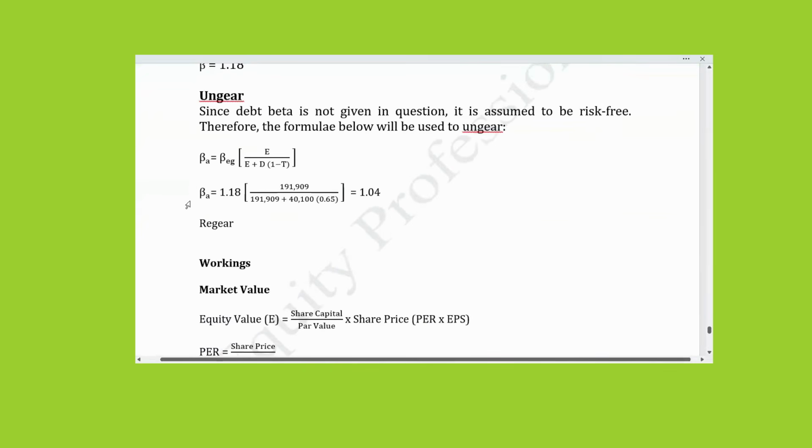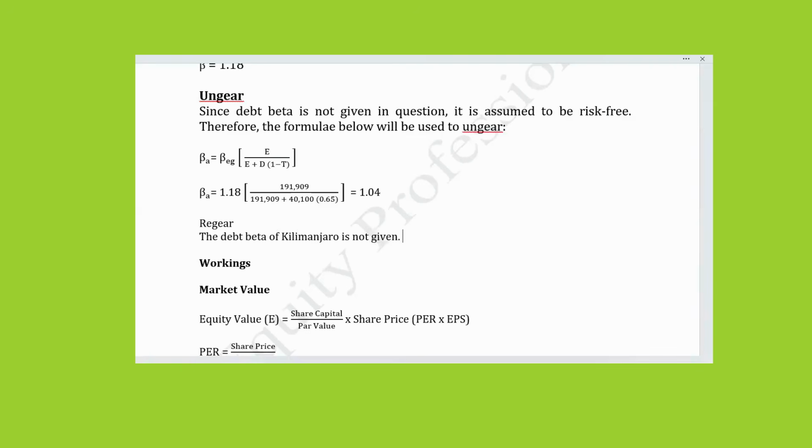Let me put some comments. Debt beta of Kilimanjaro is not given.